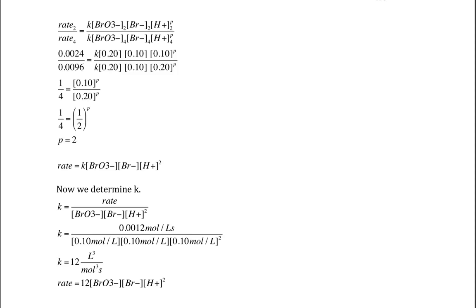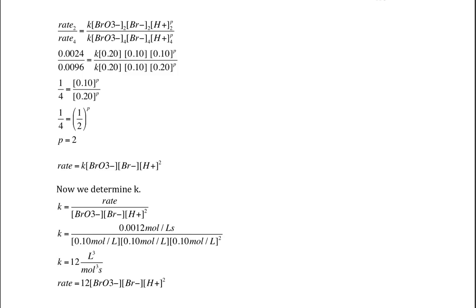And from our data, we take one of the experiments. I took the experiment 1 data, and we write the rate 0.0012 moles per liter second, and the concentrations in the bottom.